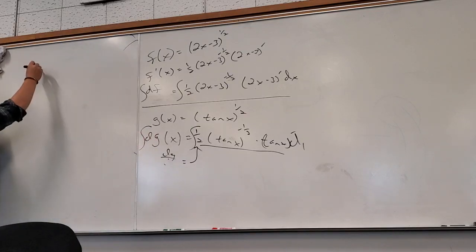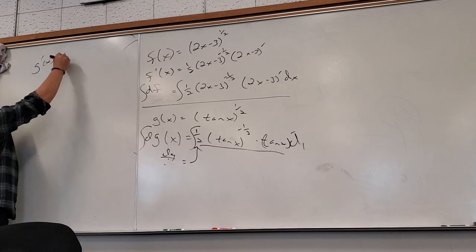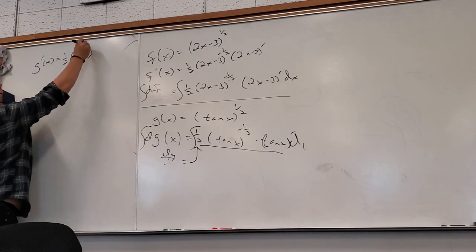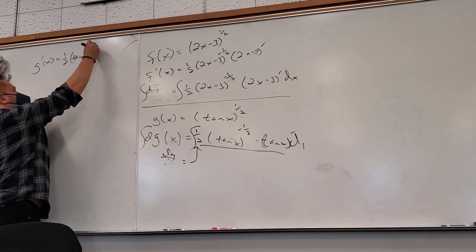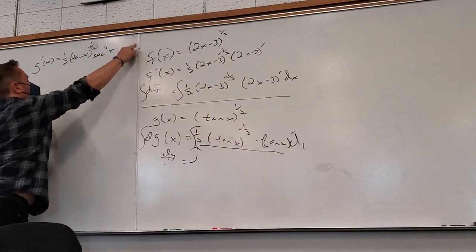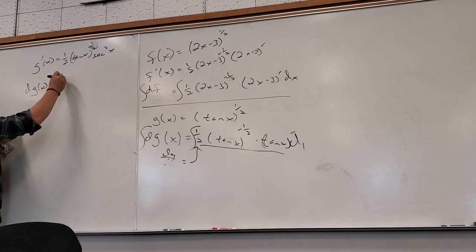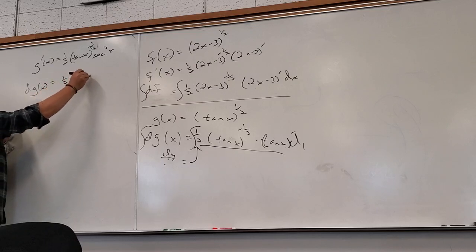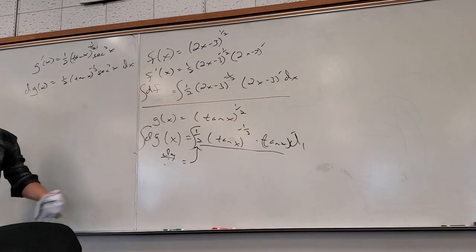Watch this. So g prime was 1/2 tangent x to the negative 1/2. What's the derivative of tangent? Secant. Which means dg equals 1/2 tangent x to negative 1/2 secant squared x dx.